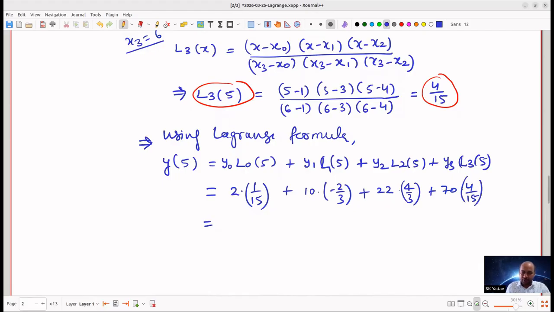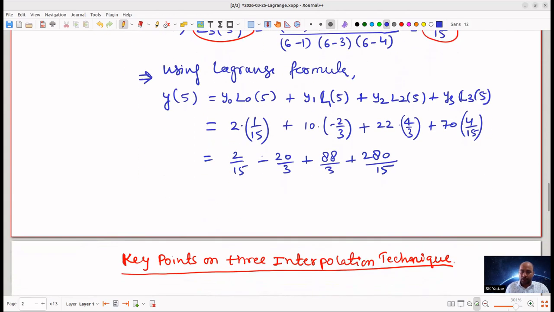So on simplification, you can get 2 by 15 minus 20 by 3 plus 88 by 3, and then plus 280 divided by 15. So once you simplify this, what you will get?